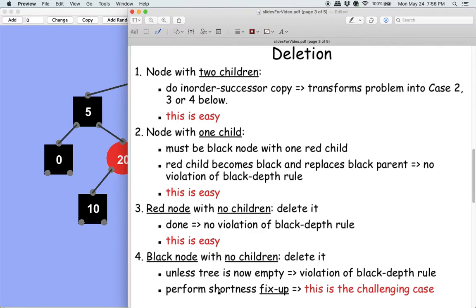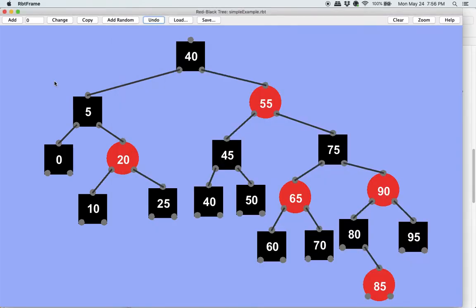It is case 4 that is the challenging one, because what happens? So we delete the black node. So let's say we're trying to delete the 70. Compare the 70, compare the 70, compare the 70. I eventually find it.